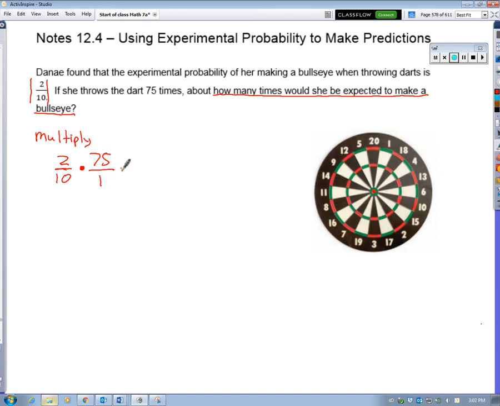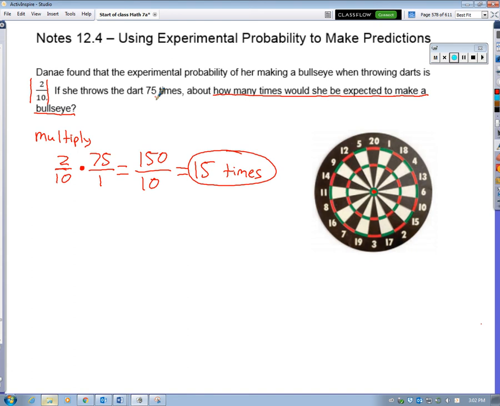We have to make that 75 over 1. You multiply straight across. You get 150 over 10. You can simplify that down to say 15 times. So that would be our answer. She would be expected to hit the bullseye 15 times if she threw the dart 75 times total.